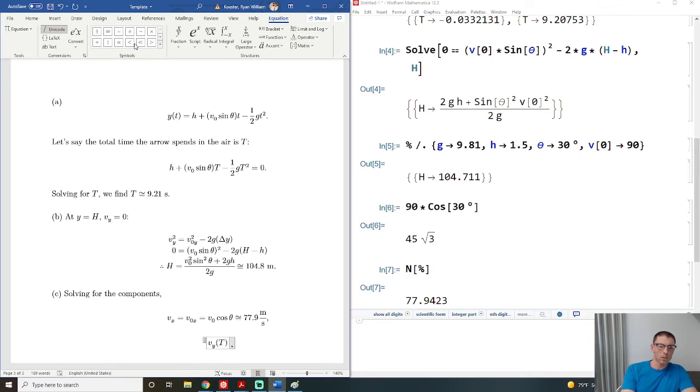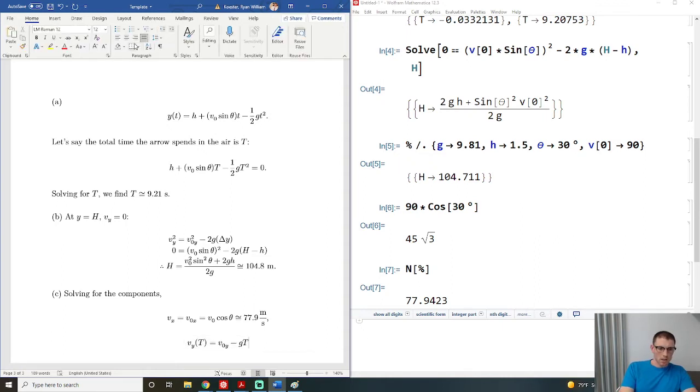Now, for the other one, there's a little bit more involved in terms of finding the y component of the velocity, and I would say that the way we want to do this is we want to use the time that we found in part A. Remember, v y is just v naught y, which is v naught sine theta, minus g big T, and we could just get the numbers here too.